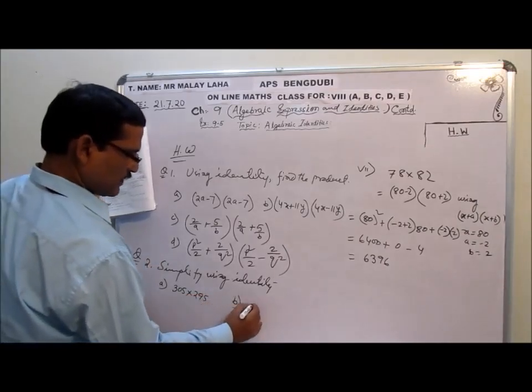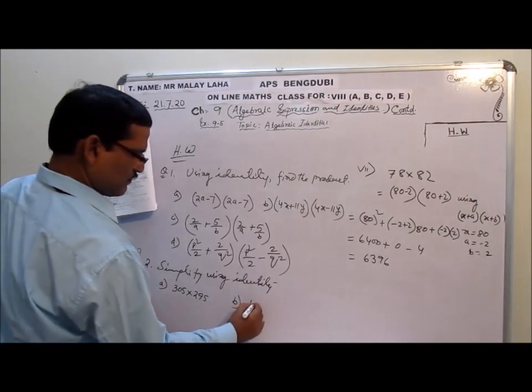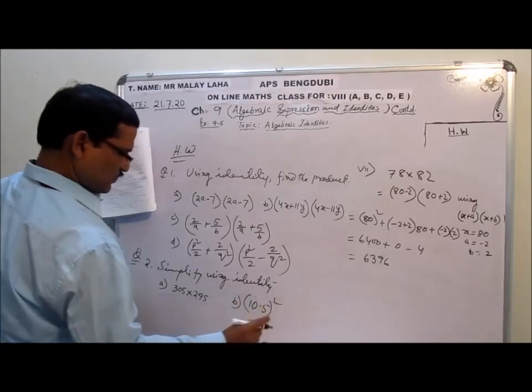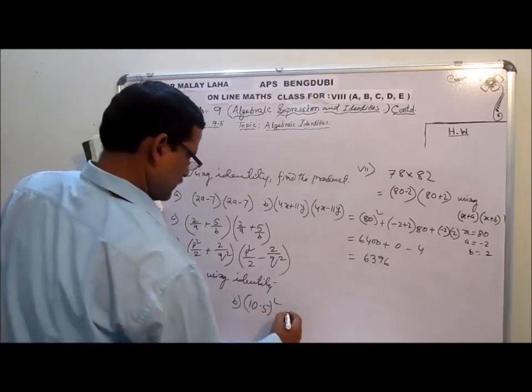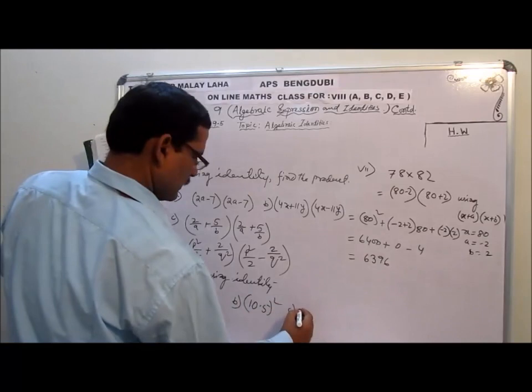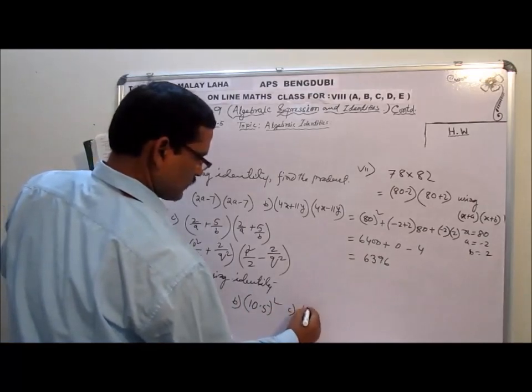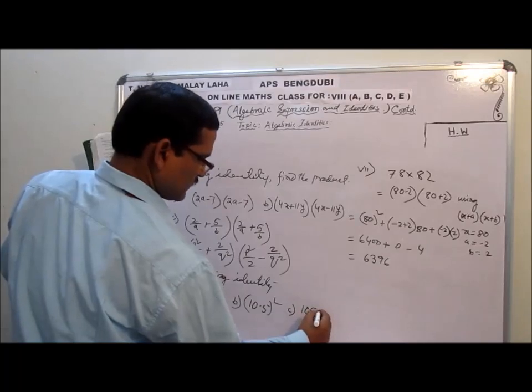B: 12.10.5 whole square. C: 105 into 110.